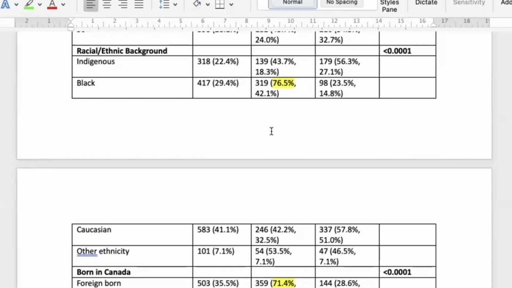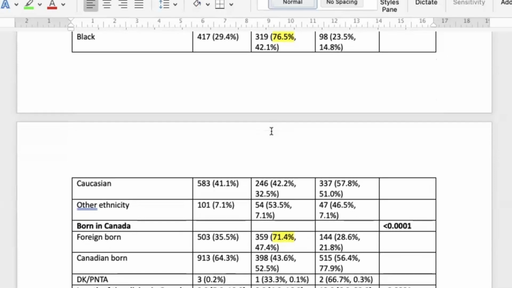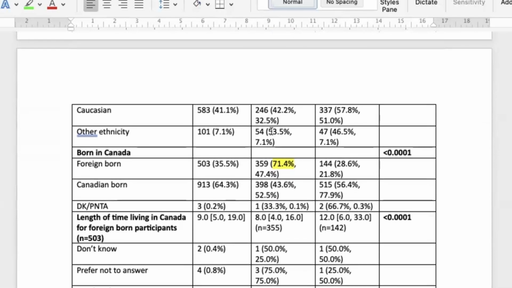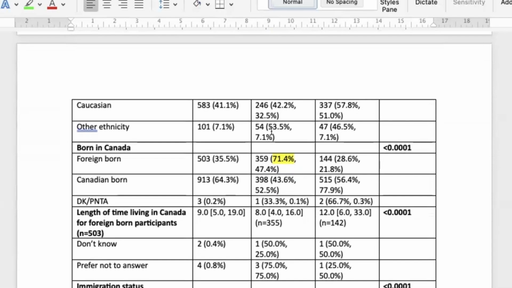And then this is what Farzani is interested in, which is foreign-born women: 71% had high disclosure worries versus Canadian-born women, 43%. Length of time living in Canada for foreign-born: you can see that the longer, so 12 years median number of years for low disclosure worries versus 8 years for high disclosure worries.